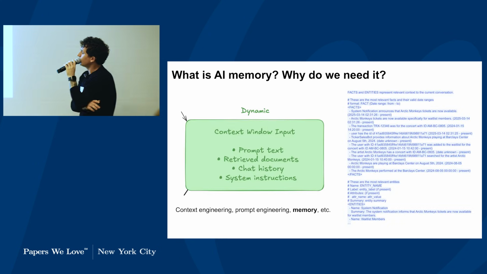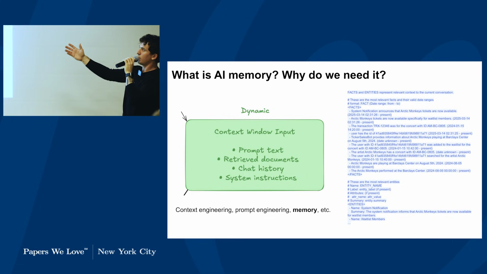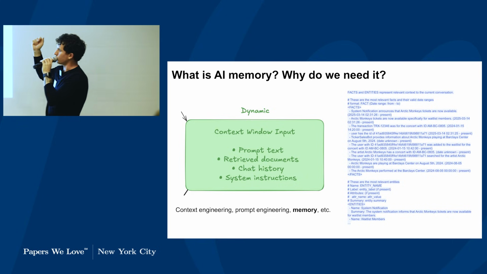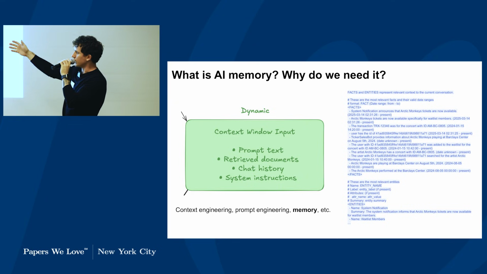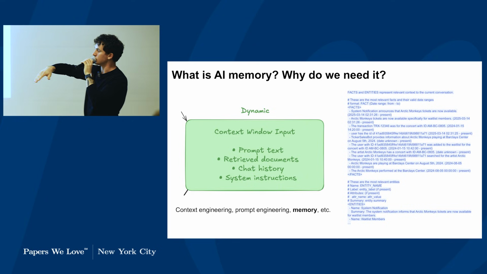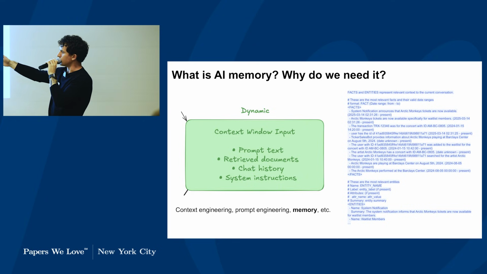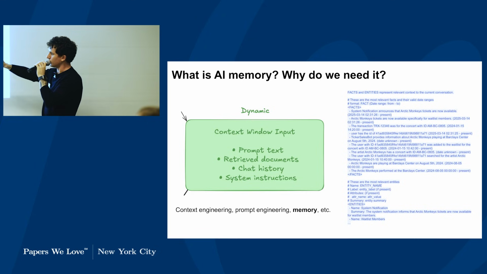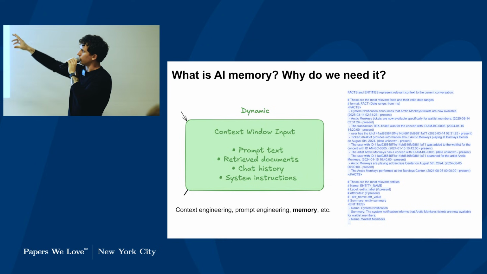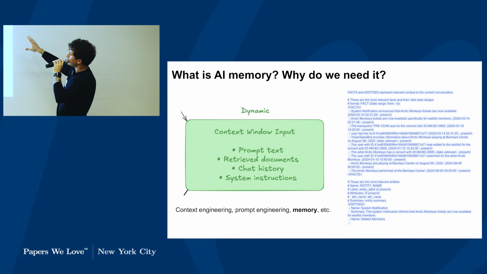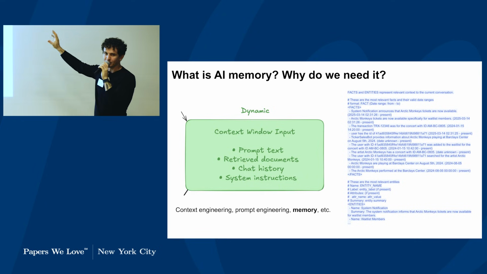So honing in now on the part that we can affect, which is this sort of dynamic context window input, we can do things like input prompt texts, retrieve documents, chat history, system instructions, and there are a whole lot of things that have been done, new fields like context engineering, prompt engineering, memory specifically, that really all focus on what we can do with the context window input. What I've put here on the side of the screen is actually the output of ZEP.